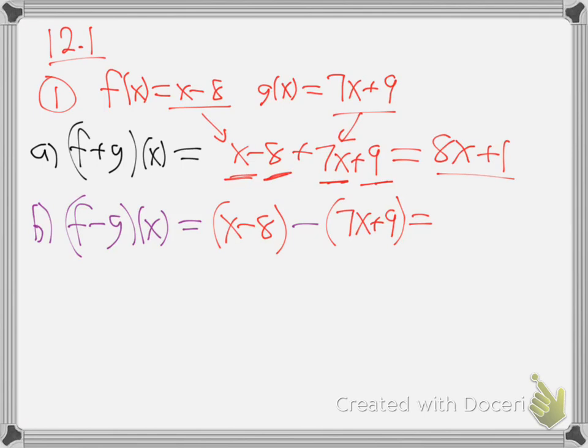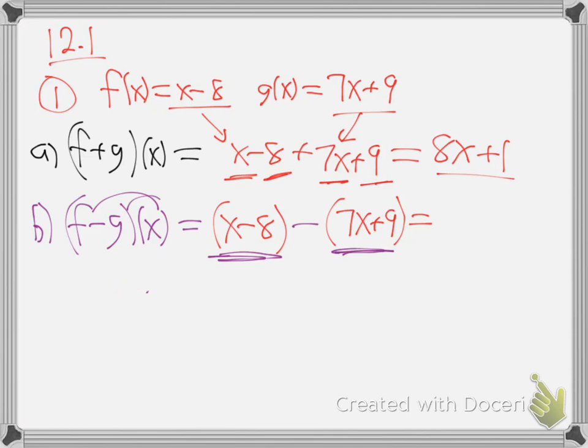Good question. This is just notation. I'm not actually mechanically doing anything with it. It means f of x minus g of x. That's what it really means. Does that make sense? You don't have to do anything with that left side. It just means take the f of x and subtract the g of x. It's just the way they write that.